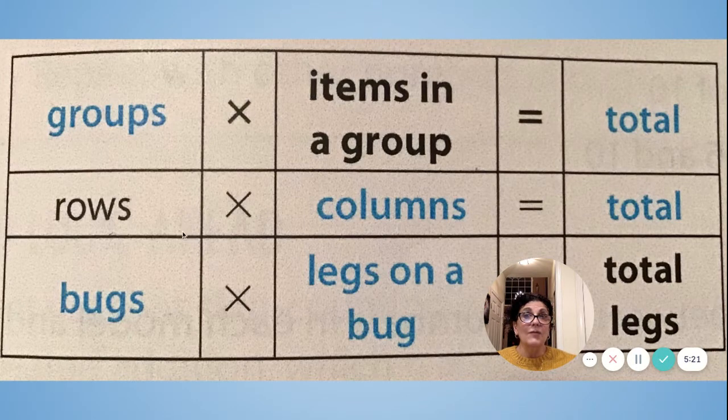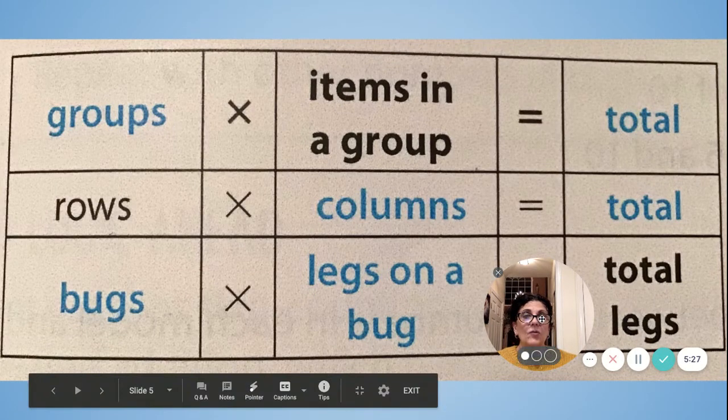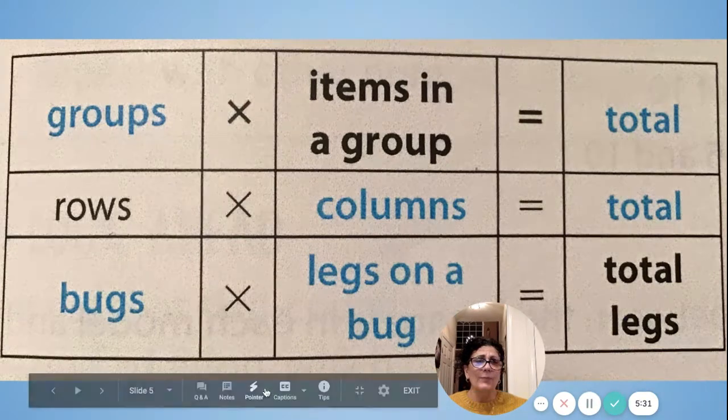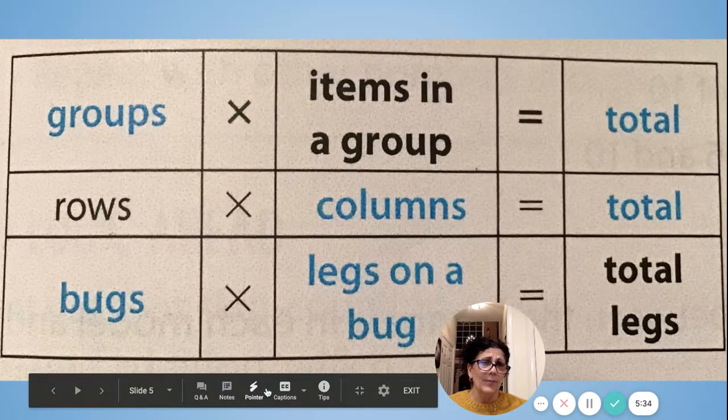If you're looking at an array, you have the rows times the columns, and that will give you the total. And you're going to be working problems today in this lesson that have to do with bugs and legs on bugs. You have a certain number of bugs, a certain number of legs on each bug, and that would give you the total number of legs there are altogether.